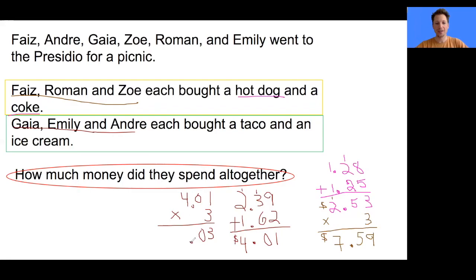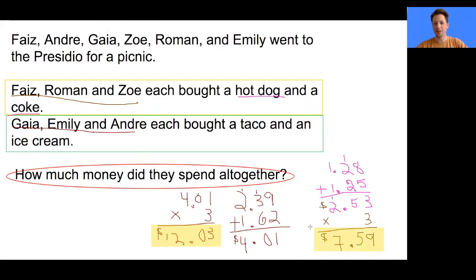Put your decimal place here. 3 times 4 is 12. So the total for the second group is $12.03, and the total for the first group is $7.59. I'm going to highlight that so it's sort of easier for all of us to see.